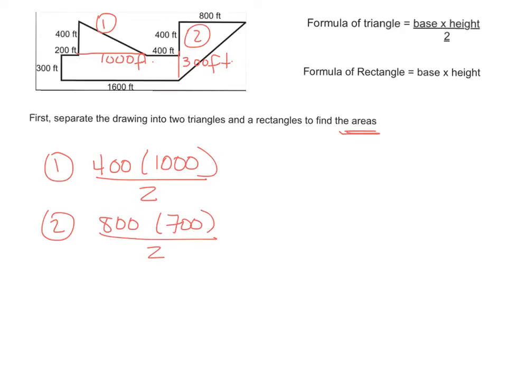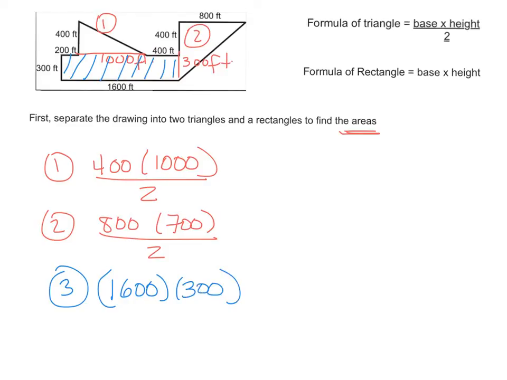Now, let's see the rectangle that we have here. For the rectangle, I am going to multiply 1600 times 300, which is this. Now, after finding the areas, then we're going to proceed to add them all.